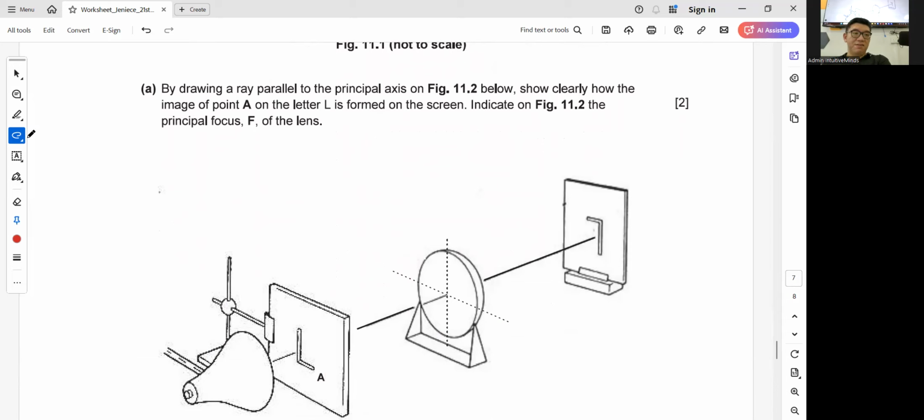All right, there we go. Okay. So we can use this first. So this light ray will reach here. Then we go down there. Okay.